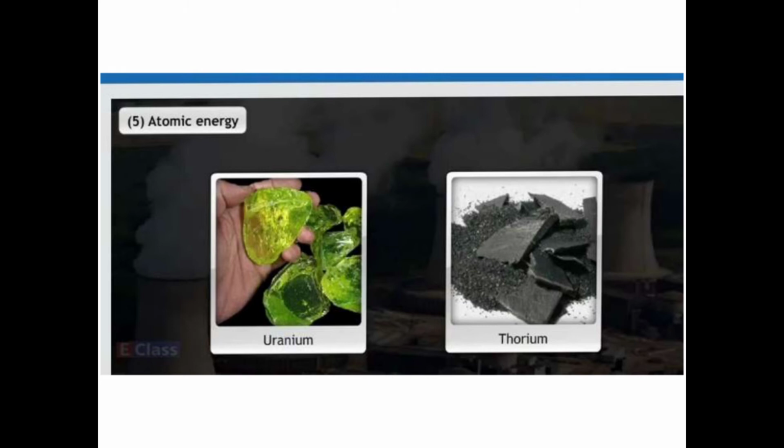Moreover, children, atomic energy: a huge amount of heat is produced in a very short time when the nuclei of some elements like uranium, thorium, etc. go through nuclear fission. See, now the word came, fission.